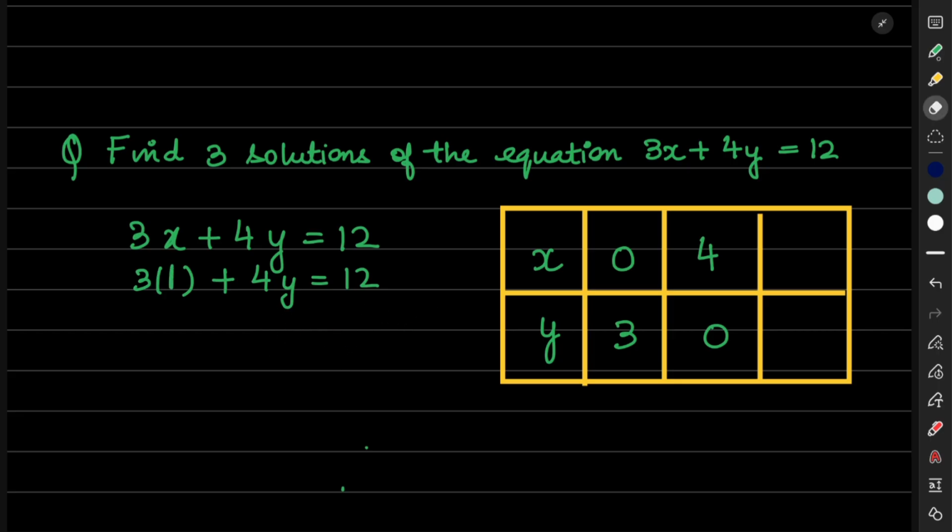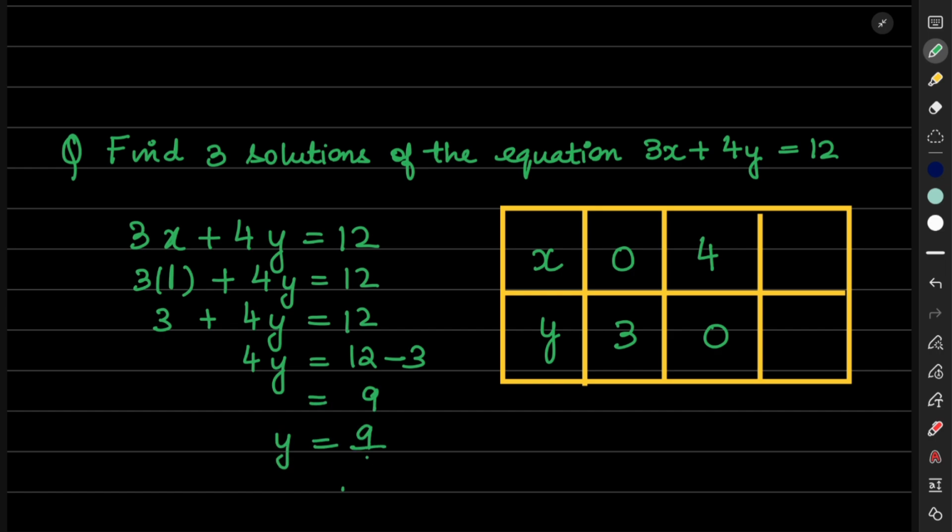If I'm taking x equal to 1, so 3 plus 4y equal to 12, 4y equal to 12 minus 3, which is 9, and y is equal to 9 by 4. So when x is equal to 1, y is equal to 9 by 4. This is your third solution. Like this, you can find n number of solutions.